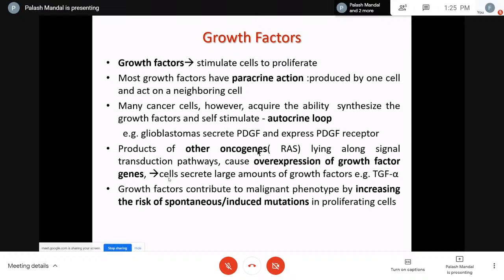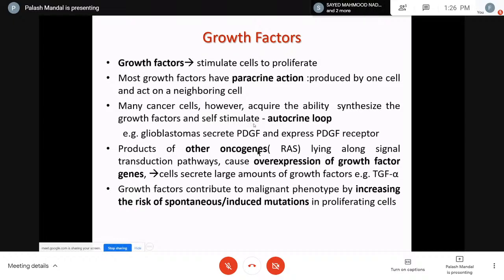Now most growth factors have a paracrine action. What is that? That is produced by one cell and acts on a neighboring cell. Paracrine action. This has been taught to you in physiology. So under normal conditions, all these growth factors have a paracrine action. However, in cancer, they acquire the ability to synthesize the growth factors and self-stimulate.